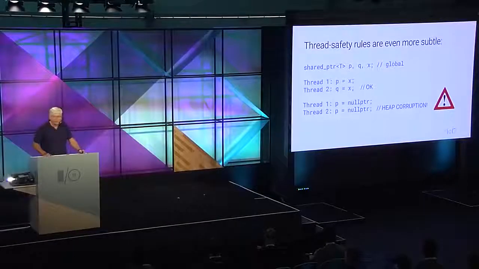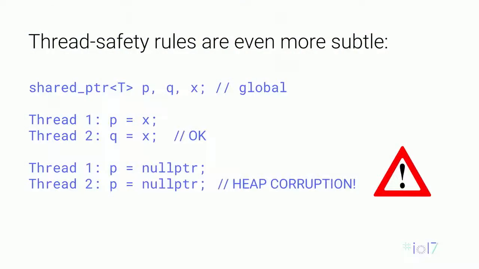What's not fine, and what in fact caused the long-standing bug that we had to deal with here, is the last thing on the slide: simultaneous assignments to the same reference counted pointer. If I simultaneously assign even null to the same reference counted pointer, that looks pretty benign. I'm assigning the same thing concurrently in 2 different threads. What could go wrong? The problem is it's disallowed by C++ rules for good reason, because both threads will try to simultaneously decrement the reference count associated with the original value of p.